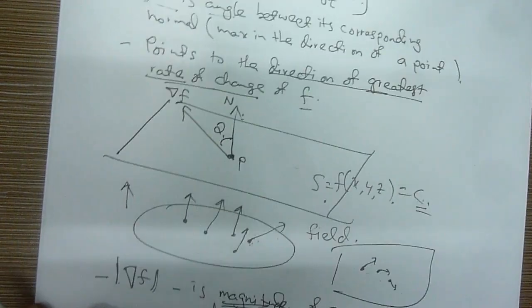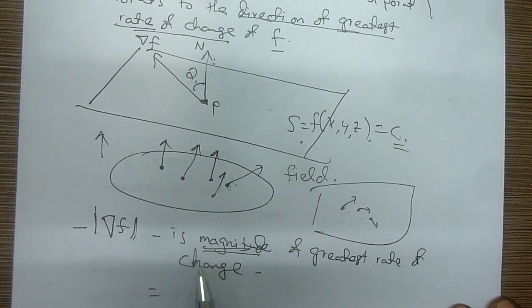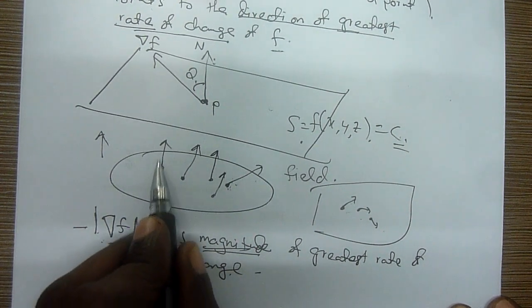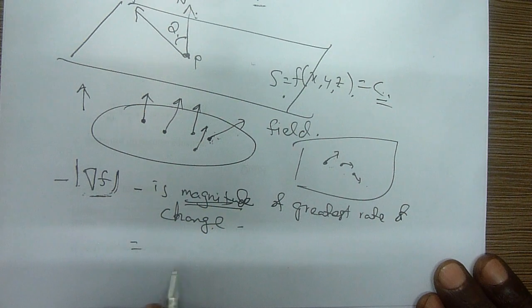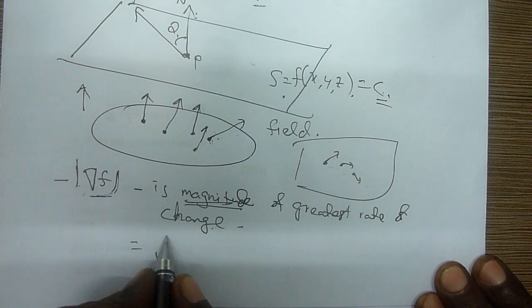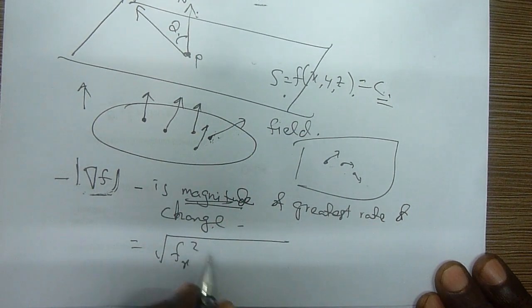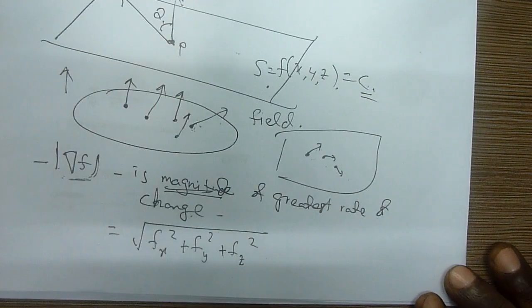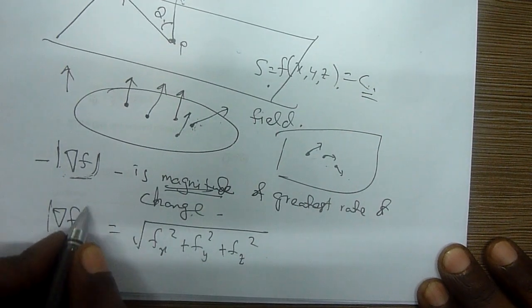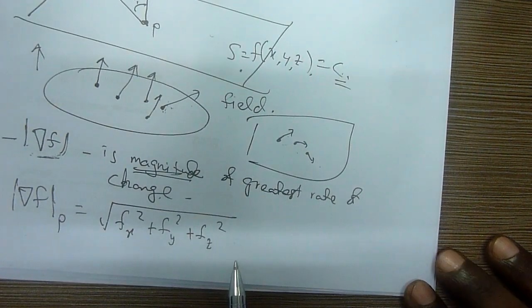In another term, you are getting the magnitude of the greatest rate of change of this particular object. Now this magnitude, we use a similar method: square root of fx squared, fy squared, fz squared. This is what we call del f at p. When we refer to the point p, the magnitude can be calculated based on this.